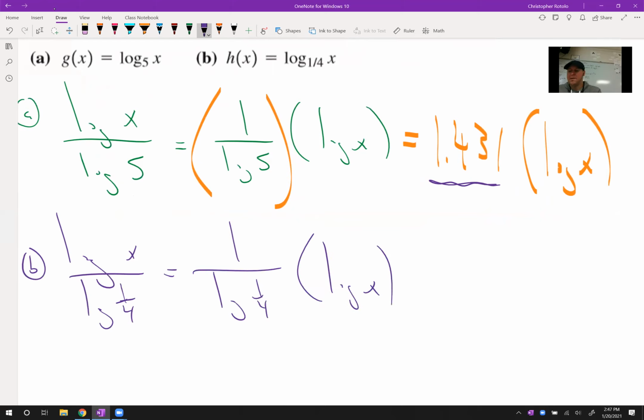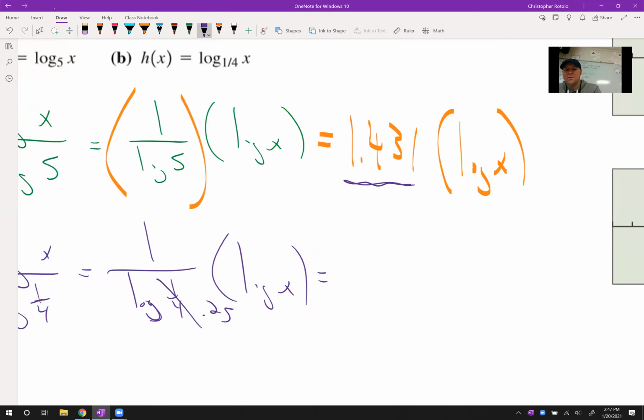So let's find out what 1 divided by log of, let's use 0.25, that's going to be a whole lot easier to put in here. 1 divided by log 0.25 turns out to be negative 1.661 times log of x.